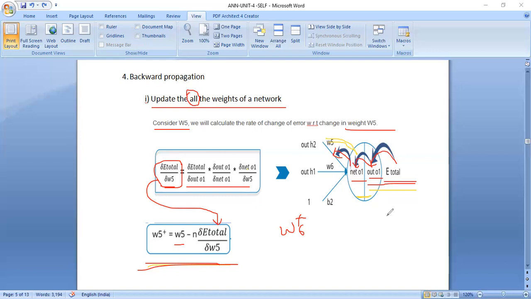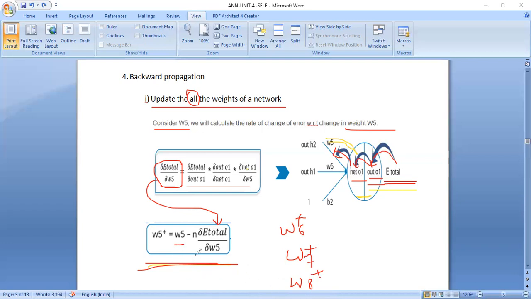So after W5 plus, you update W6, then W7, then W8. By this we have changed the weights going forward.